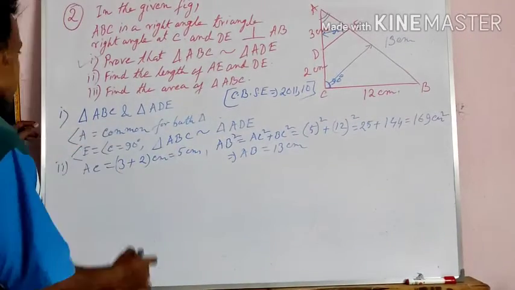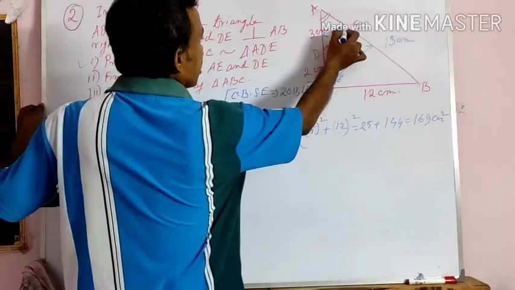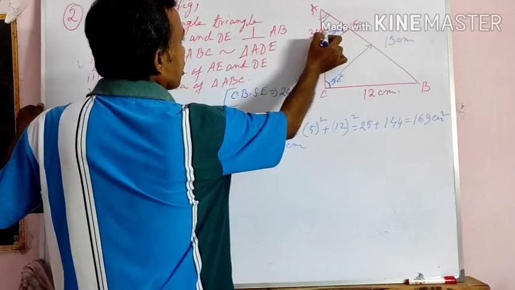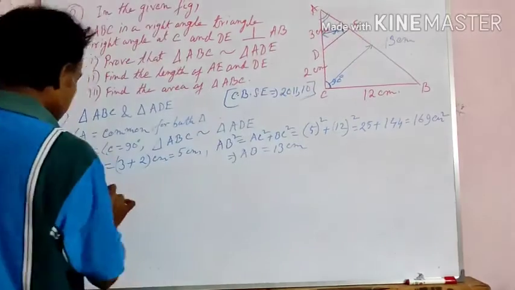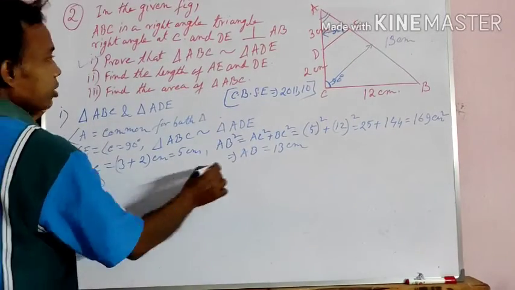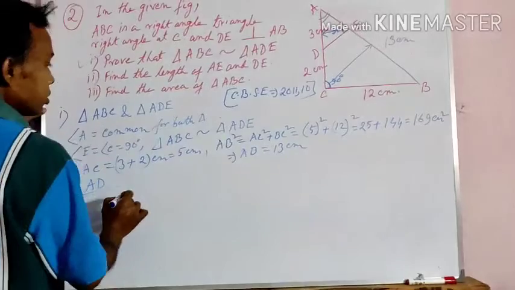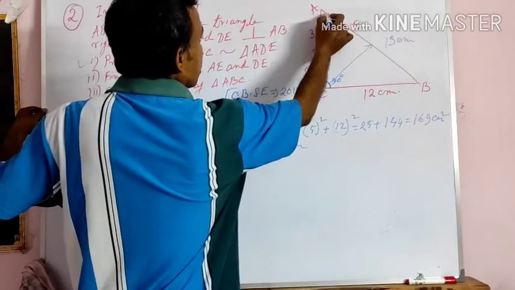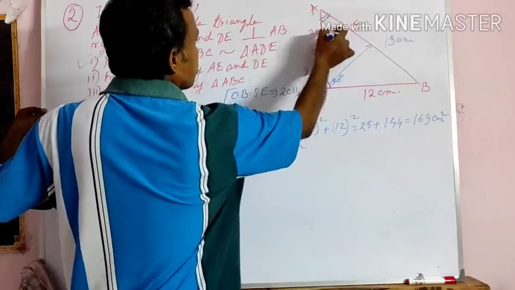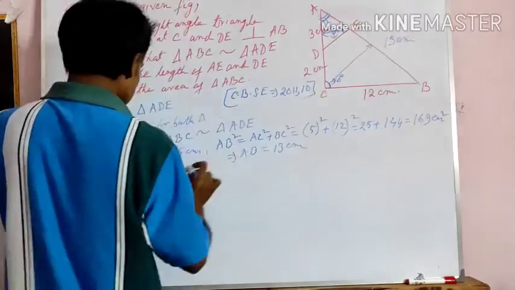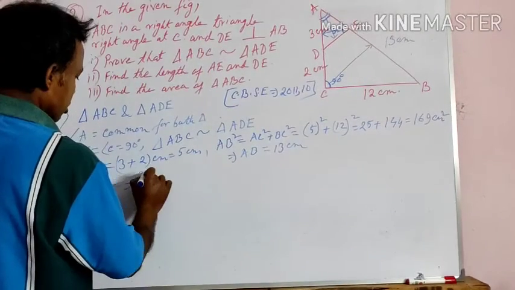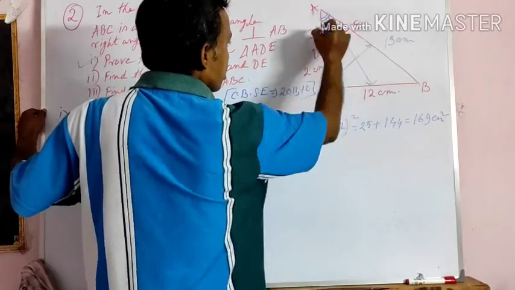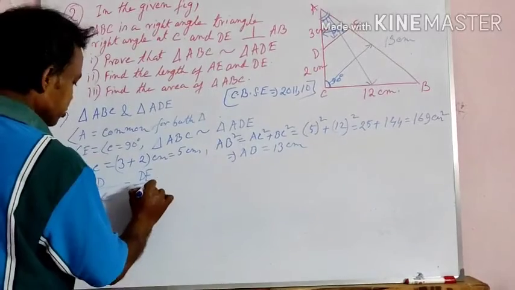Now since angle E is equal to 90 degrees and angle C is equal to 90 degrees, in front of E the side is AD, therefore AD by AC, since angle A is common, is equal to DE by BC, 12.